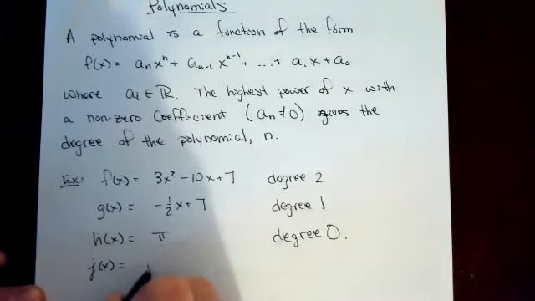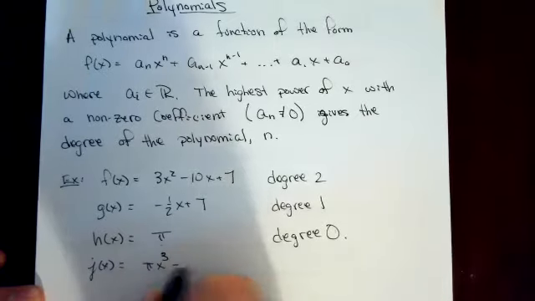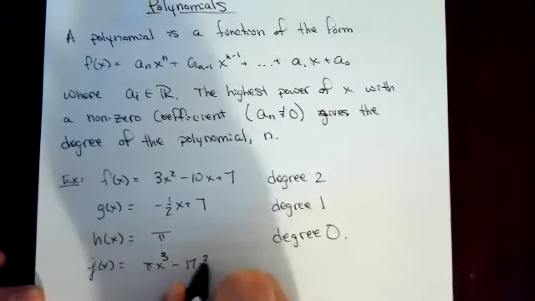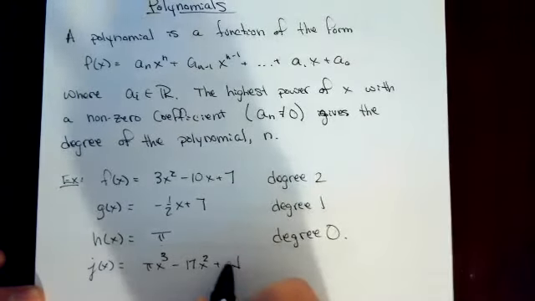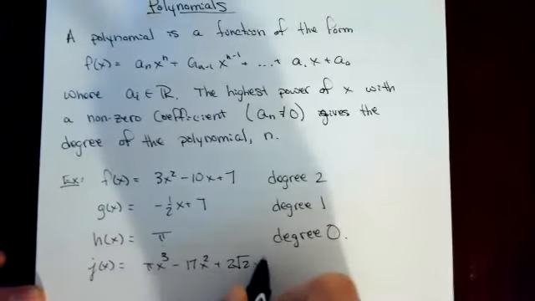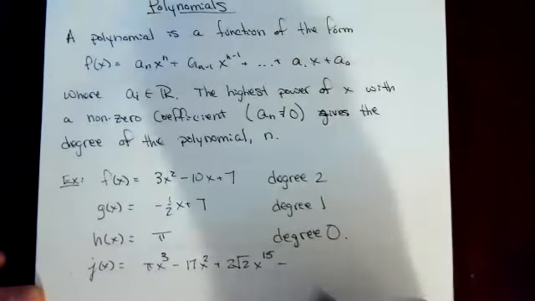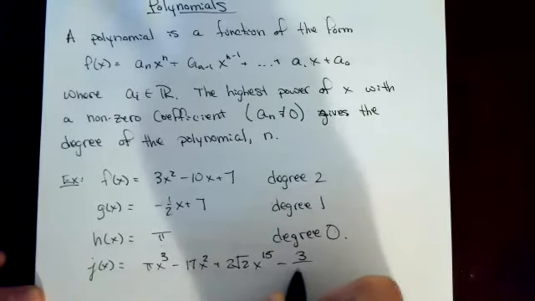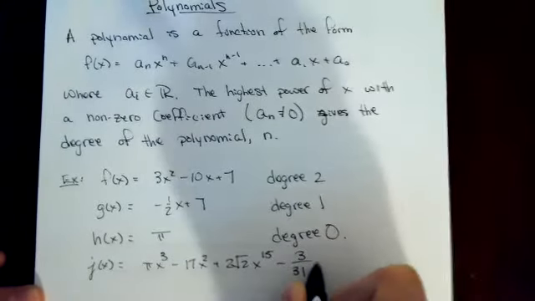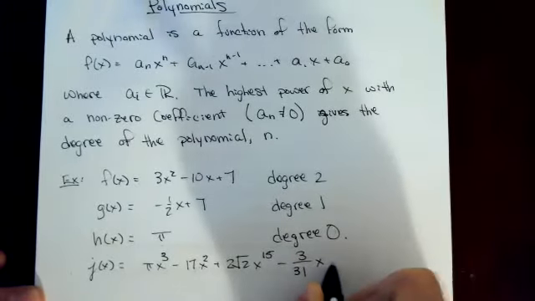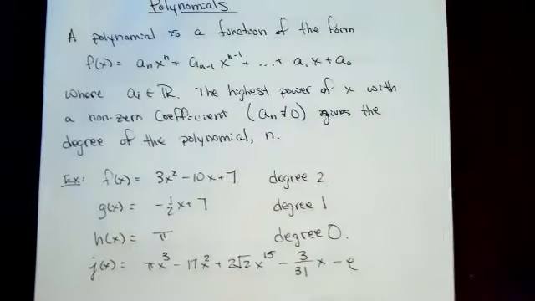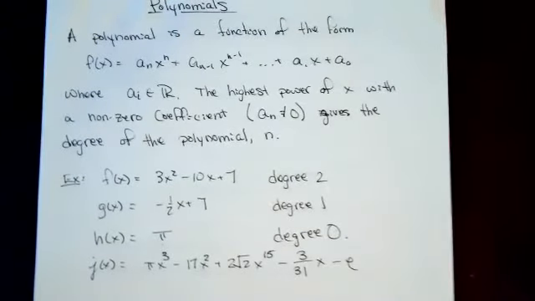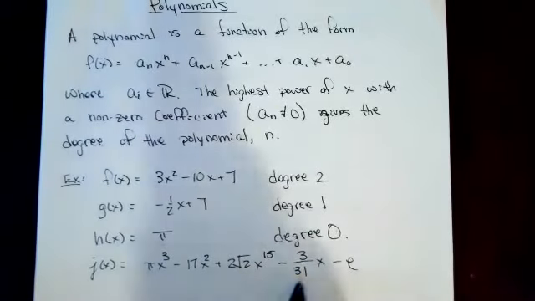We can have pi times x to the 3rd minus 17 x squared plus 2 square root of 2 x to the 15th minus, say, 3 over 31 x minus e, where e is Euler's number. We'll get to that later this semester. It's about 2.718, but it's another irrational number. So the coefficients don't have to be integers.